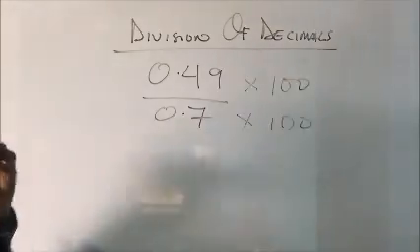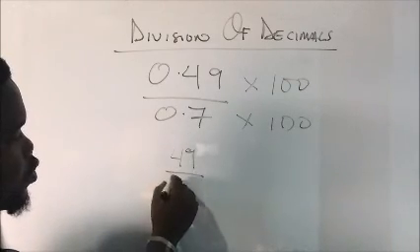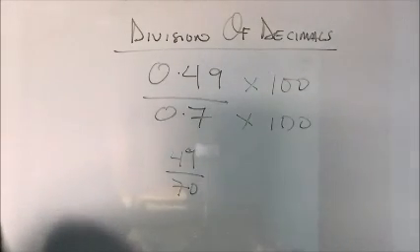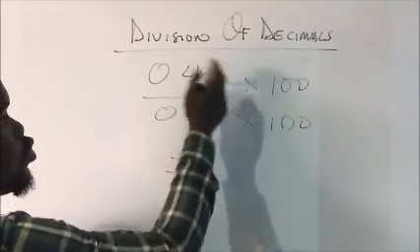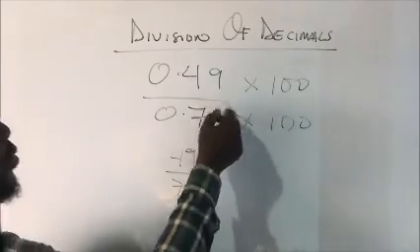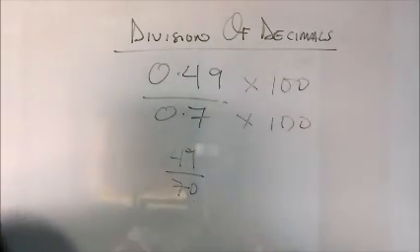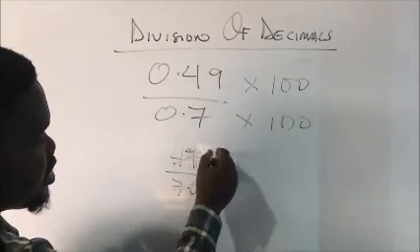So we end up getting 49 over 70. Then 7 into 7 is 1, and 7 into 70 is 10.